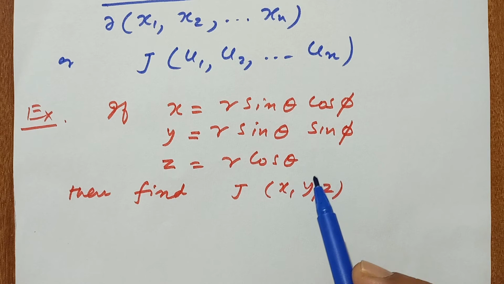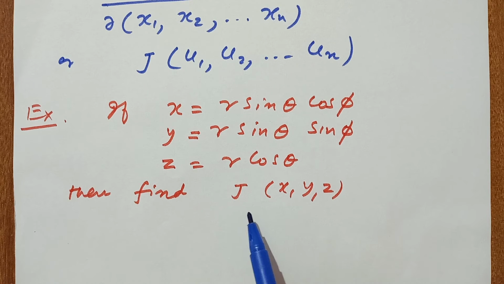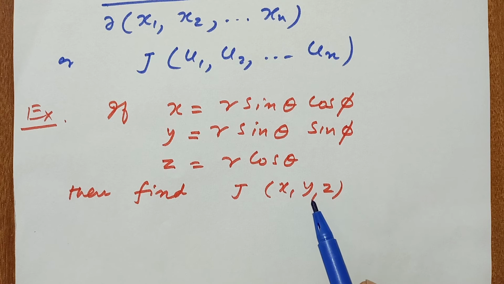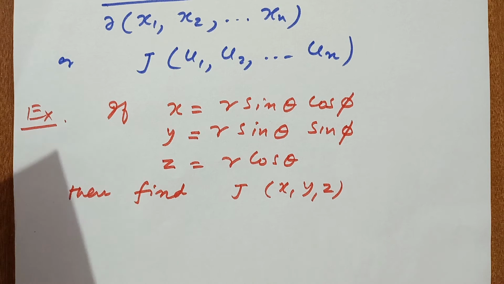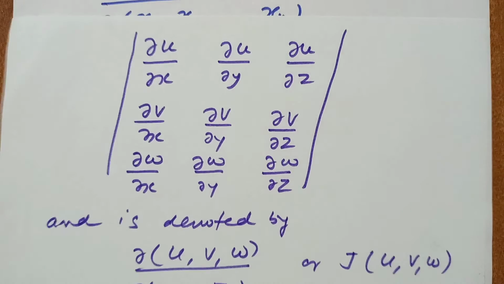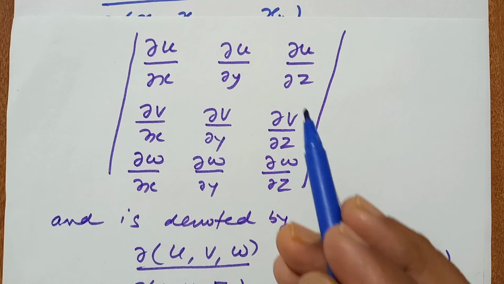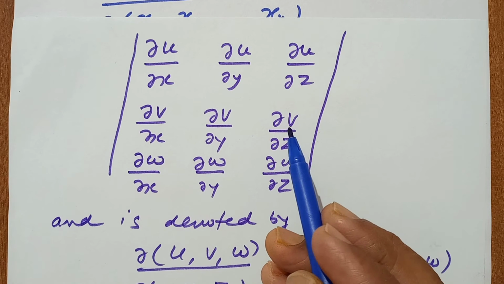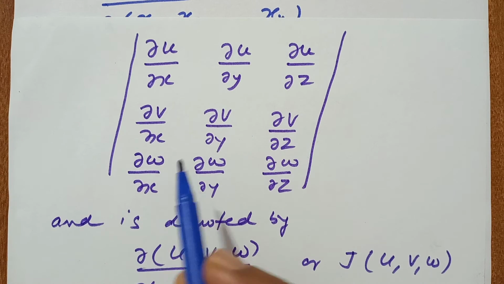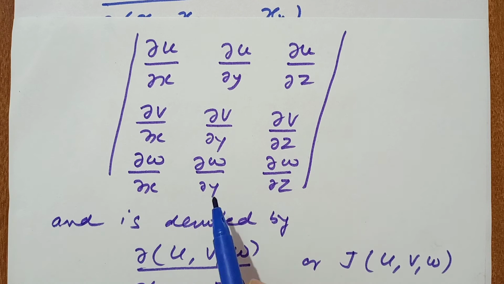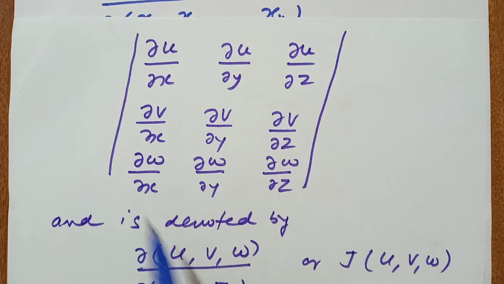We will calculate the Jacobian of x, y and z with respect to r, theta, phi. As we know, this is the definition of the Jacobian for functions of three independent variables.